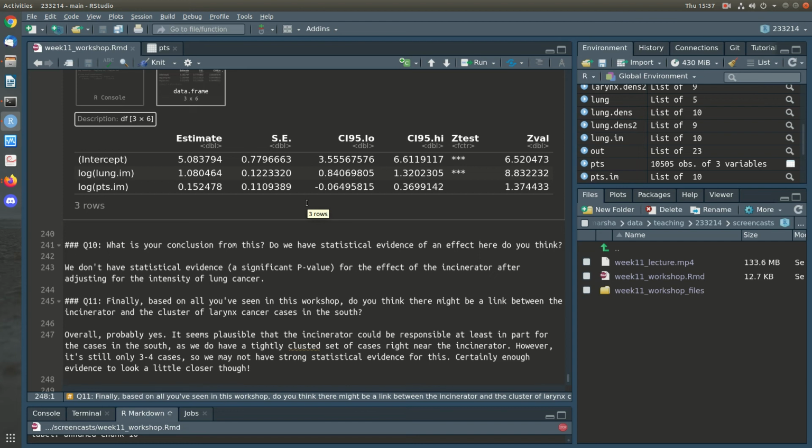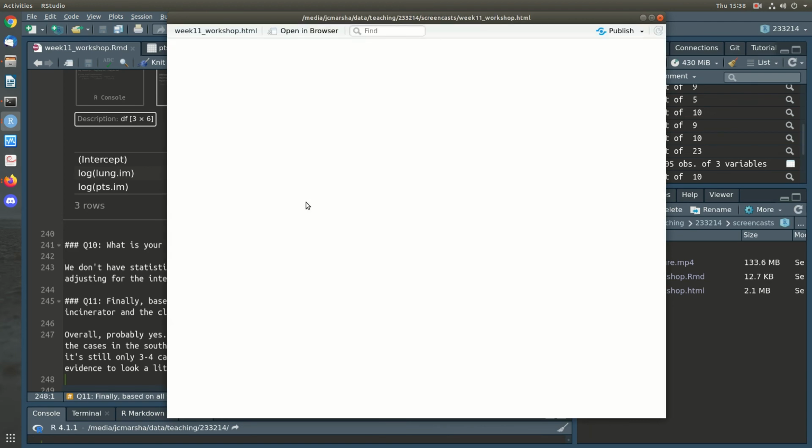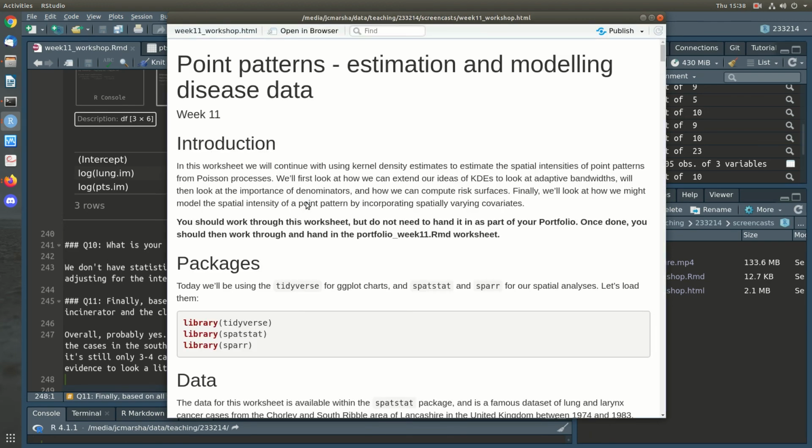And so you can see that essentially in exploring this data set, the things that we've taken into account are, because we're modelling disease data, what is the denominator? Because we're modelling disease data, we think about using an adaptive density estimate, because we know that people are not homogeneously scattered across a region, right?